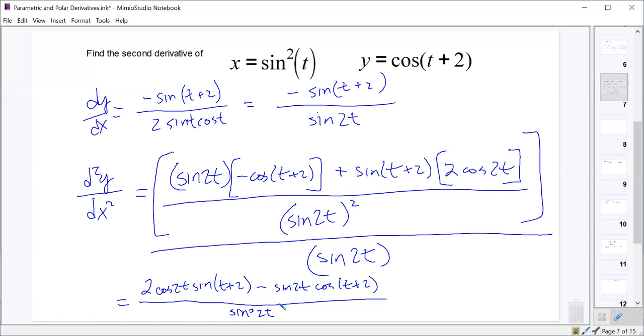Any questions or issues with that? Everybody okay with that? And why would we want the second derivative? Well, maybe because we know it shows us concavity, right? So we might want to be finding the concavity of this parametric function.